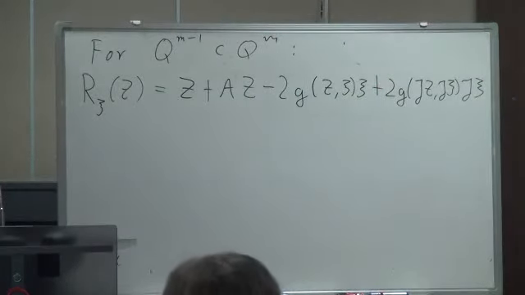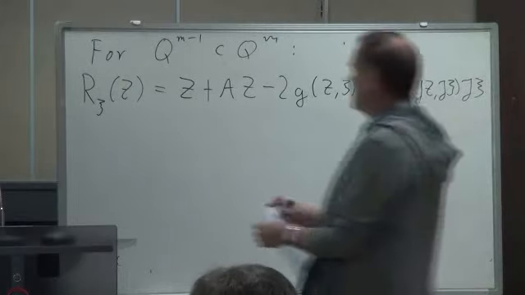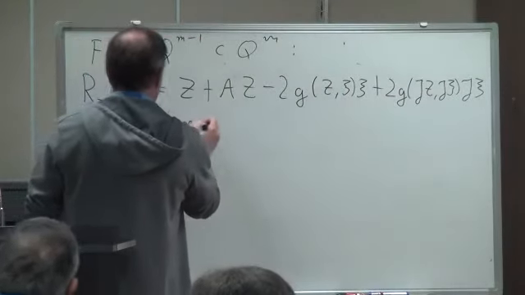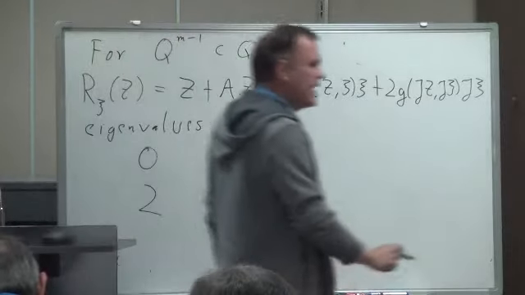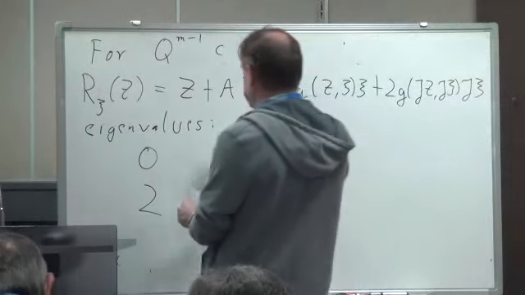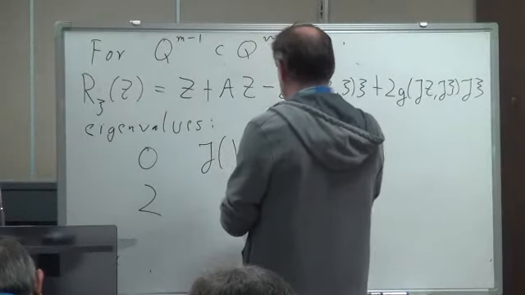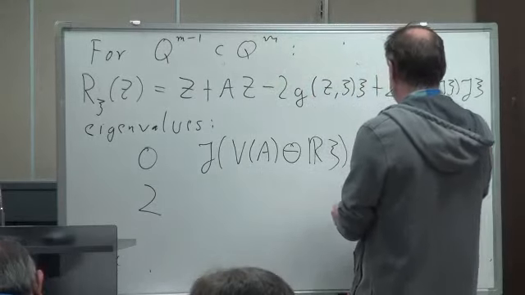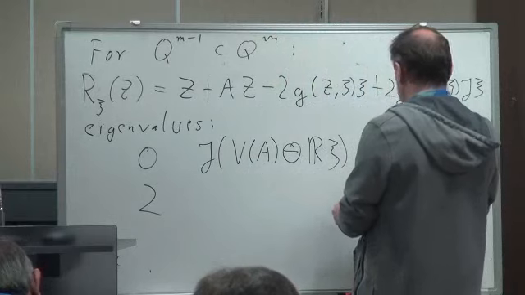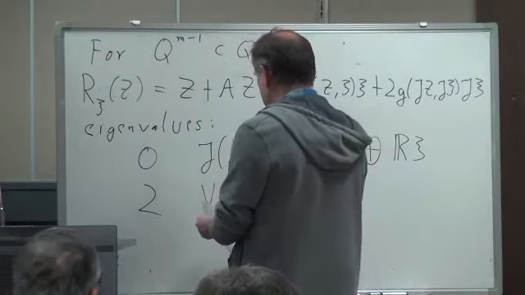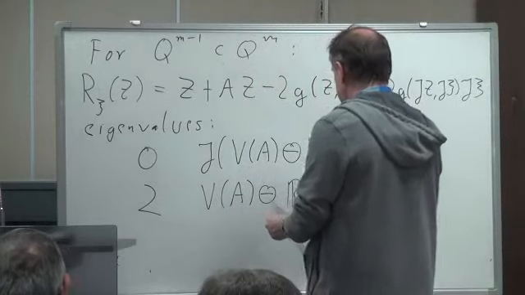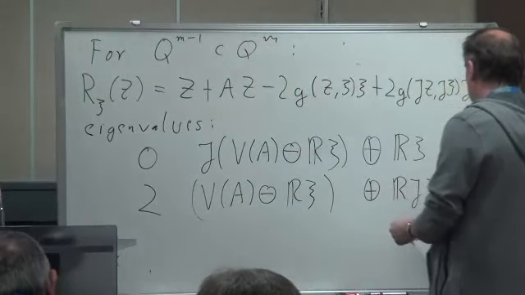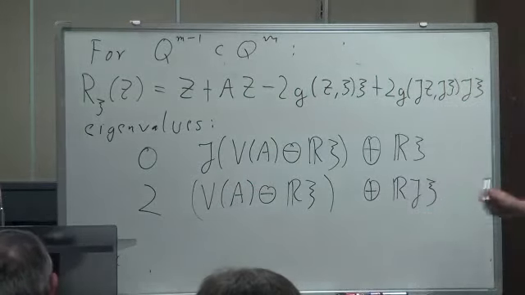And it's not difficult to see that we only have two eigenvalues, 0 and 2, with corresponding eigenspaces J V(A) minus R xi plus... and V(A) minus R xi plus R J xi.